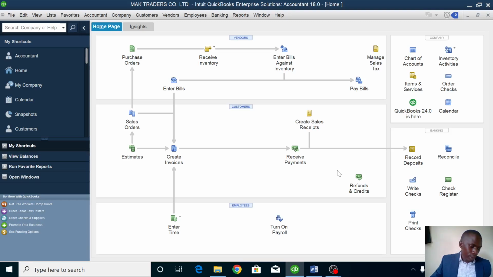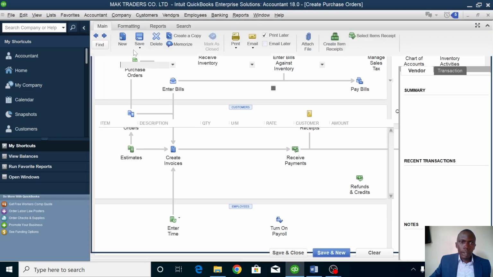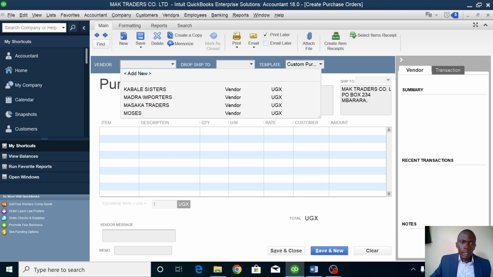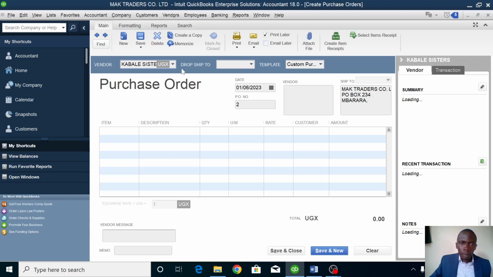So next transaction, it is on 7th, bought 8 motorcycles by check from Cavalry Traders. So we're going to purchase orders. Our vendor is Cavalry Traders. The item name is motorcycles.